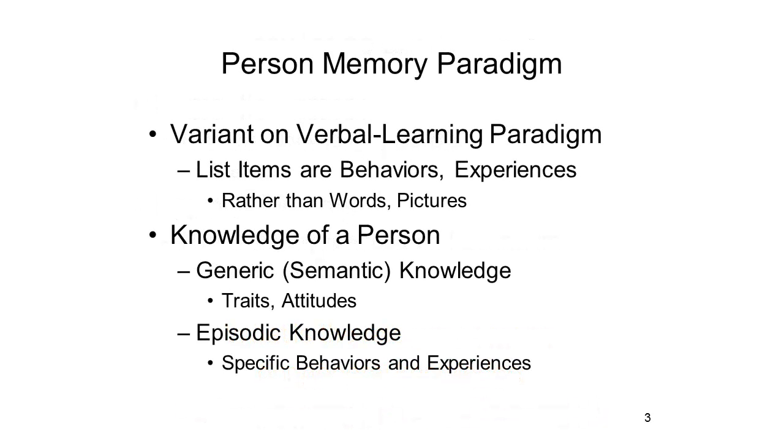The effects of cognitive schemata on memory are nicely illustrated in a variant on the verbal learning paradigm known as the person memory experiment, in which subjects study and remember information about specific individuals. The idea behind the person memory experiment is that we have two different kinds of knowledge about the people we know.